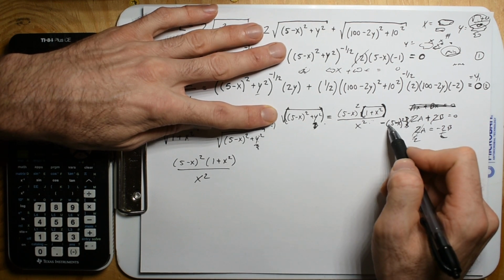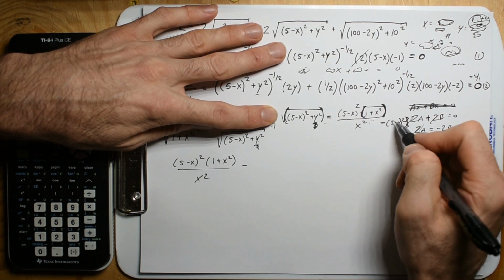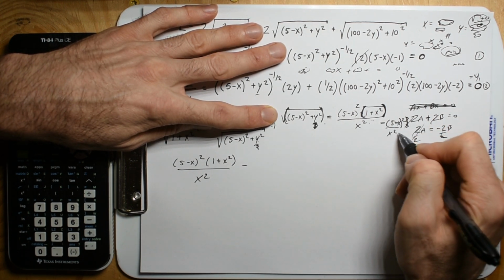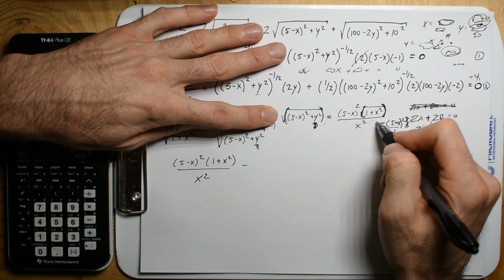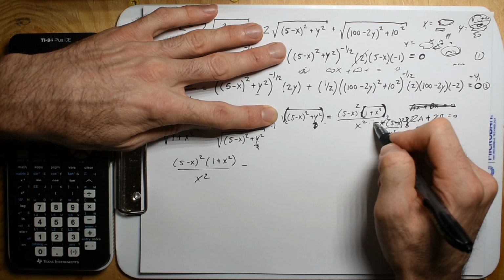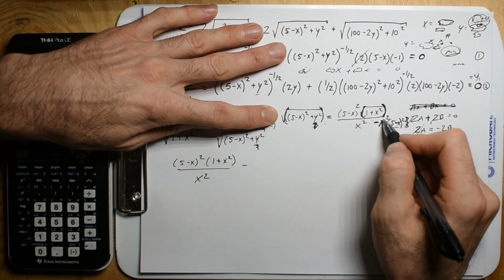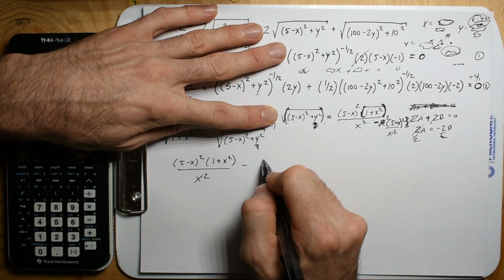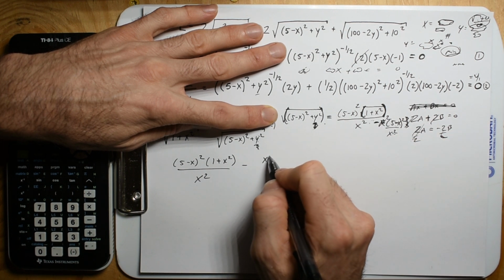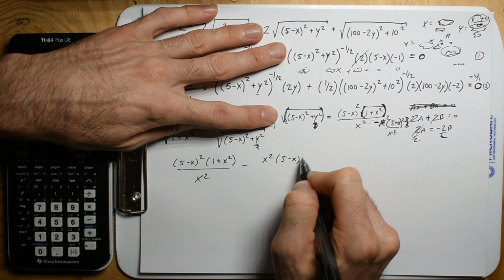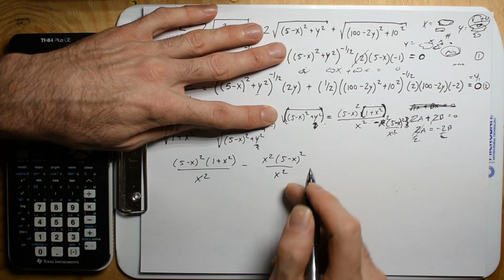The only way I can add or subtract these fractions is if the denominator is x squared. If I put the denominator as x squared, I got to put the numerator as x squared, because these are now just 1. So now I have minus x squared, 5 minus x squared divided by x squared.